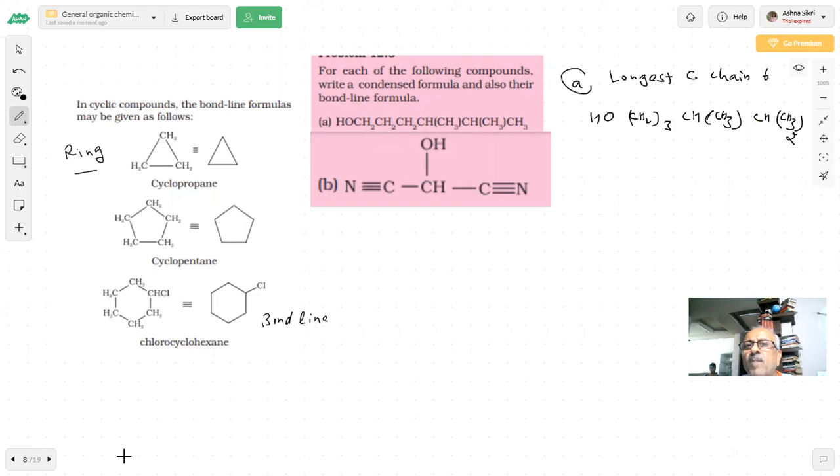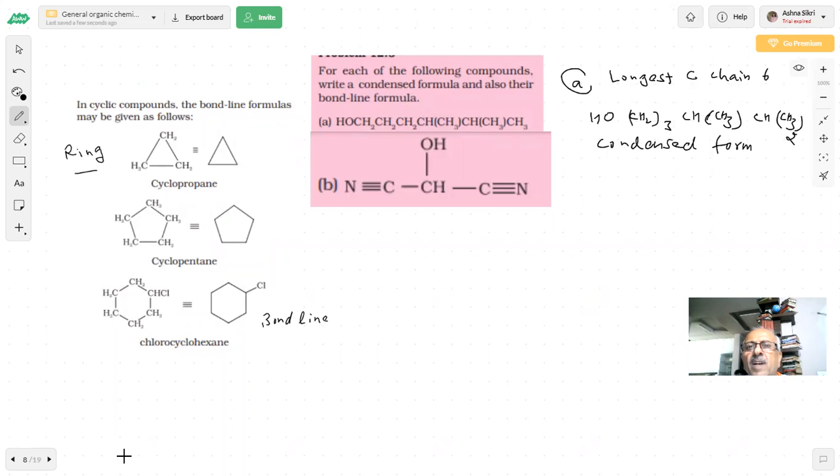Is it the condensed form? Did I do right or wrong? Check it. Am I correct or wrong, student? I'm correct, sir. Okay. Now we have to write the bond line representation.